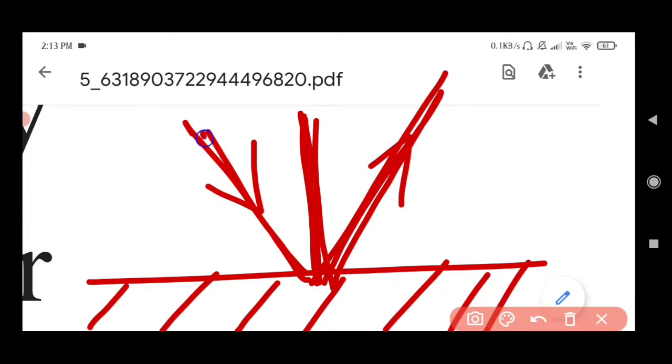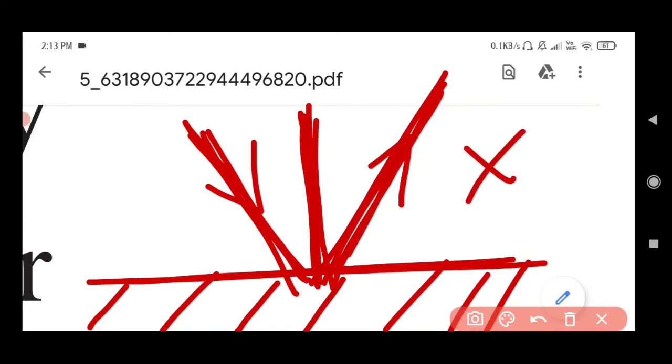This is called the same plane, that is the plane of the paper, or plane of my screen, or plane of the board.